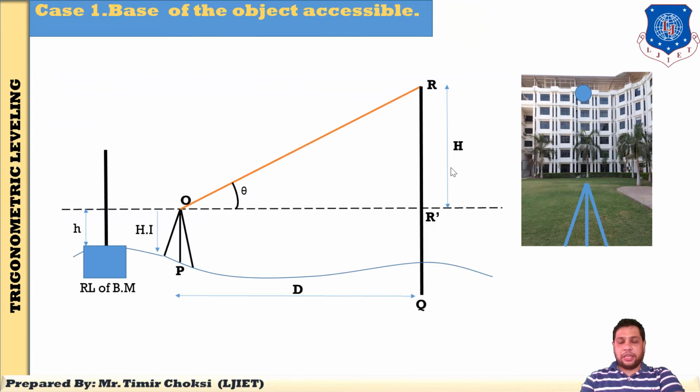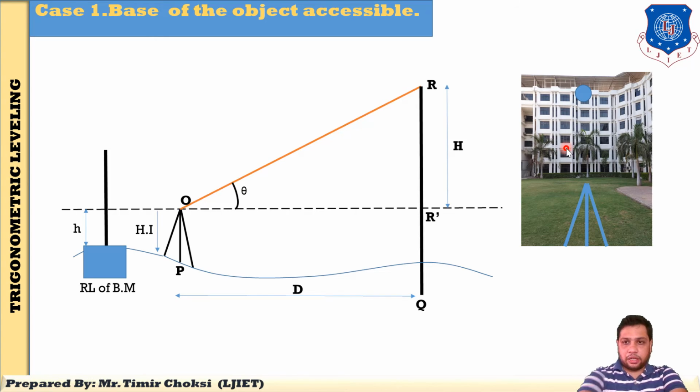First case is where the base of the object is accessible. Here, this is our LJ campus ground. This is our instrument. You have to find the height of this object. Here you clearly see in the figure, this is the object and our base is this particular foundation.